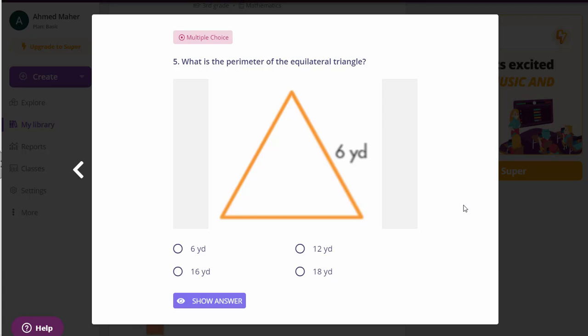Okay, what is the perimeter here of this equilateral triangle? Perimeter is 16. No. Why? You will multiply 6 by what? How many 6s do you have? 6 by 3. So 6 times 3 is not 16, my hero, it's 18. You need to check the table.